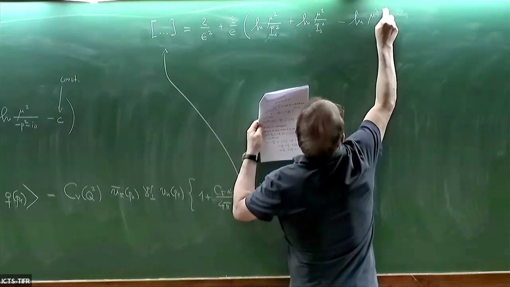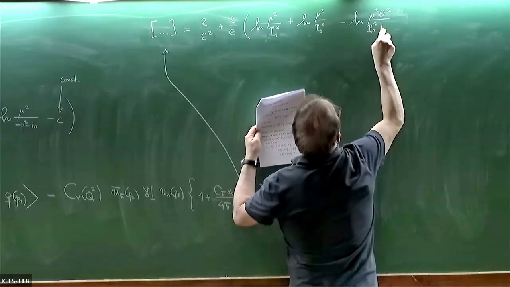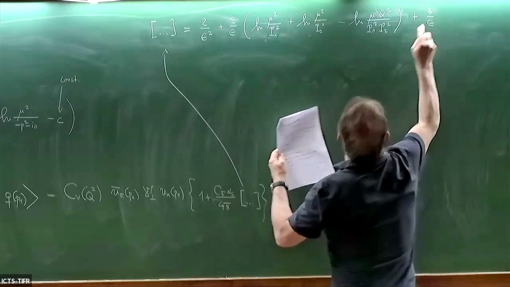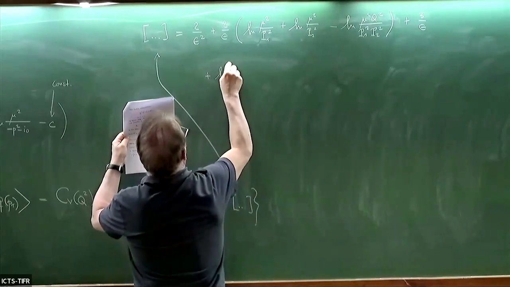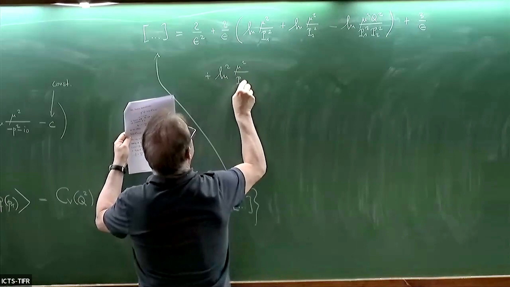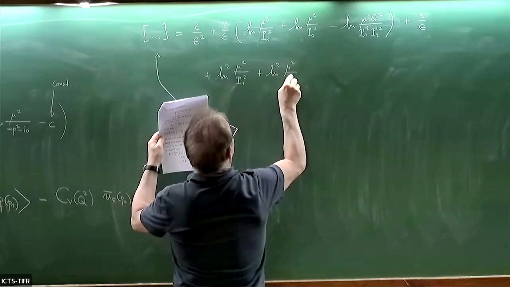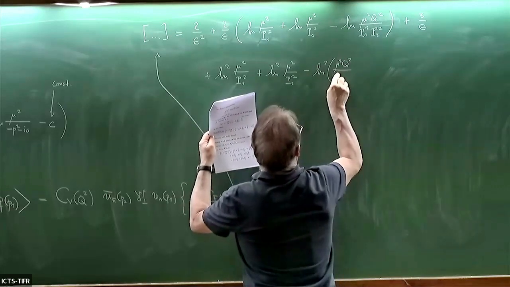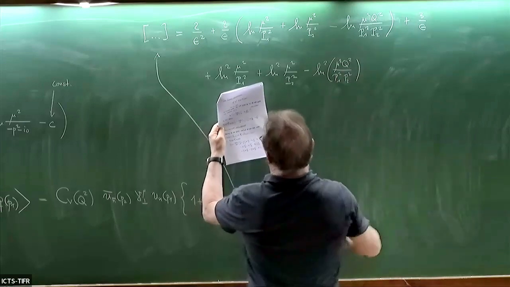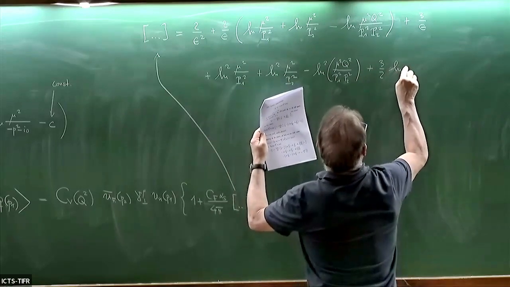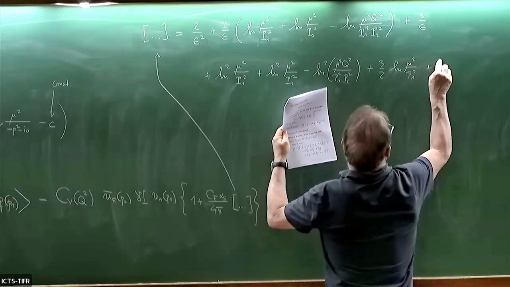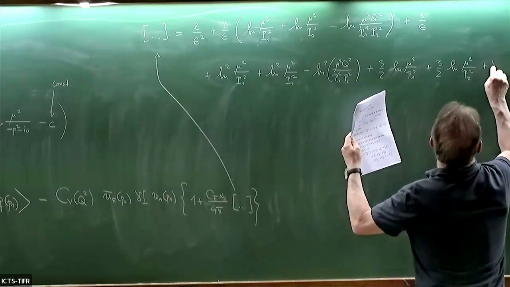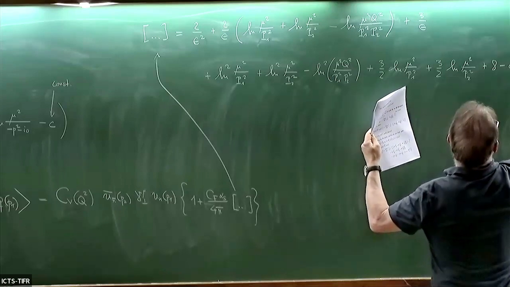Now comes the ultrasoft. Plus 3 over epsilon plus log squared mu squared over p1 squared plus log squared mu squared over p2 squared minus log squared mu squared q squared over p1 squared p2 squared, and more, 3/2 log mu squared over p1 squared plus 3/2 log mu squared over p2 squared plus 8 minus c minus 5 pi square over 6.